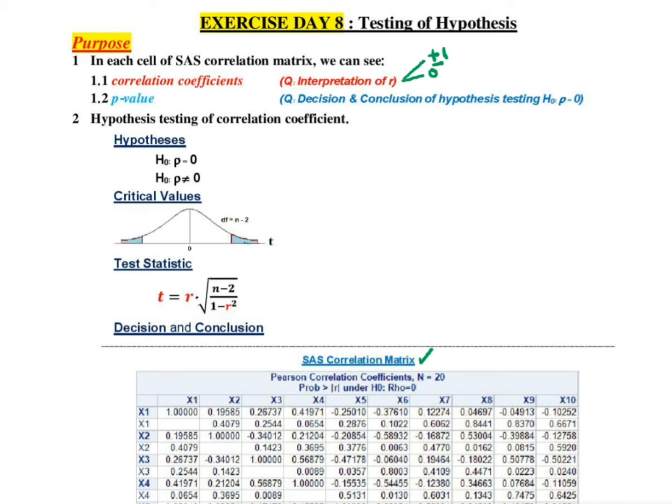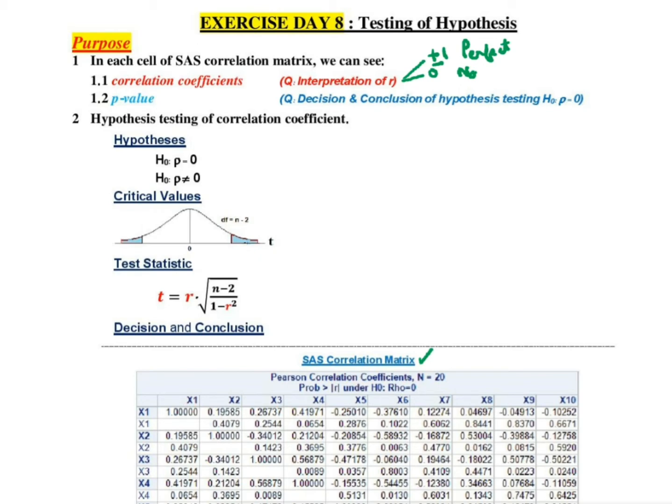Perfect means if we know the value of x, then we can know the value of y exactly through a linear equation. So 0, no relationship, +1 perfect, -1 perfect.